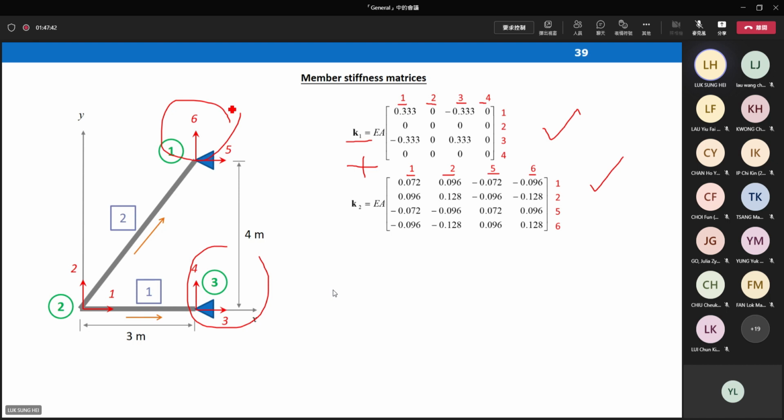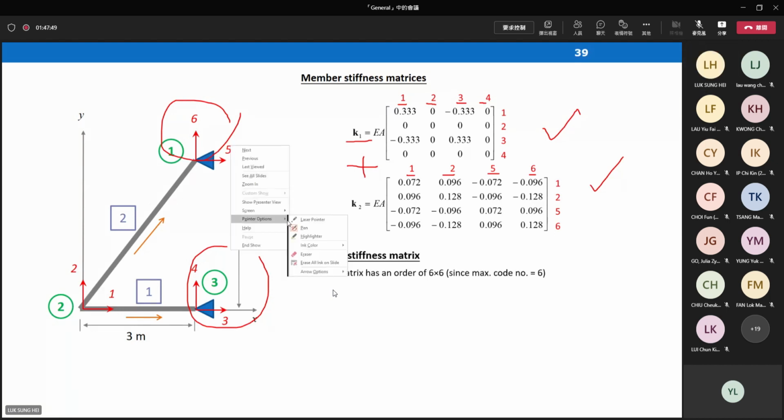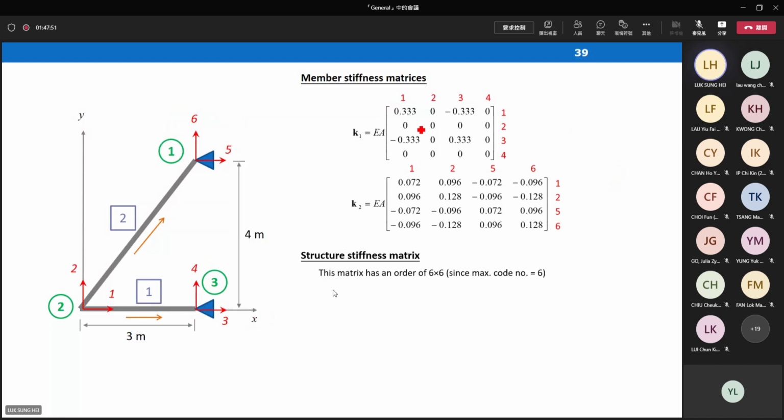You have to add them up. You can add up the values together if they have the same index. What I mean is that, say for example, when you take a look at element 1, the first element, the index is 1, 1, right?